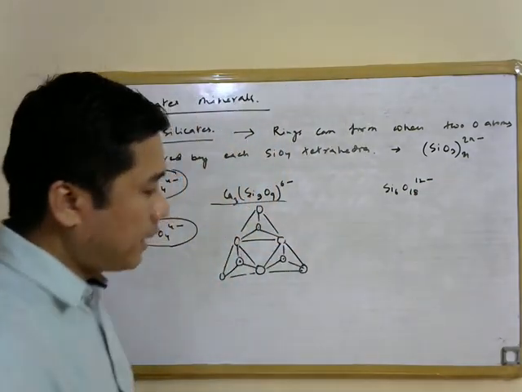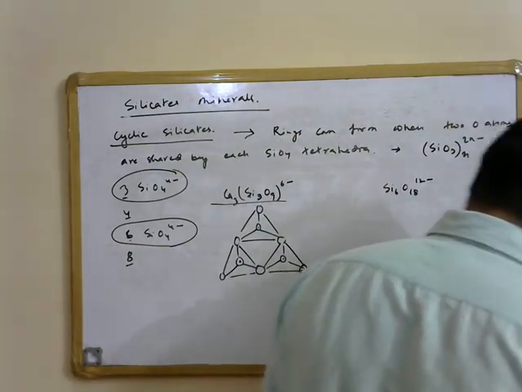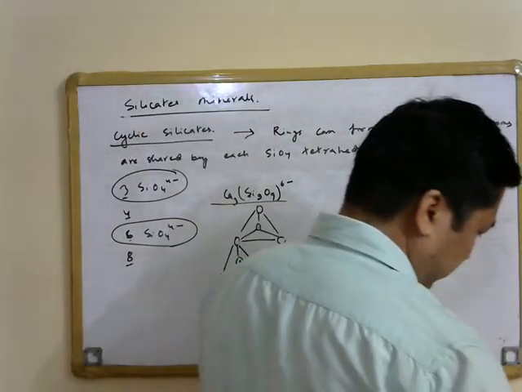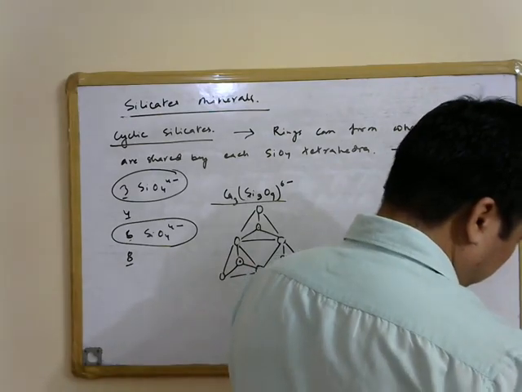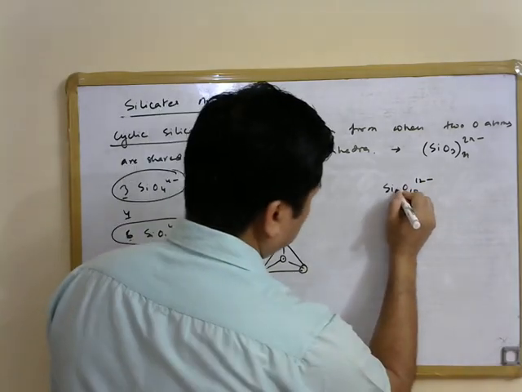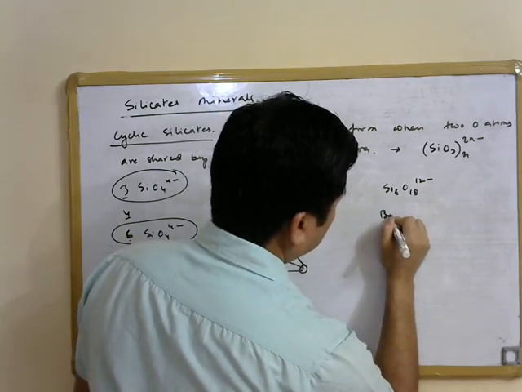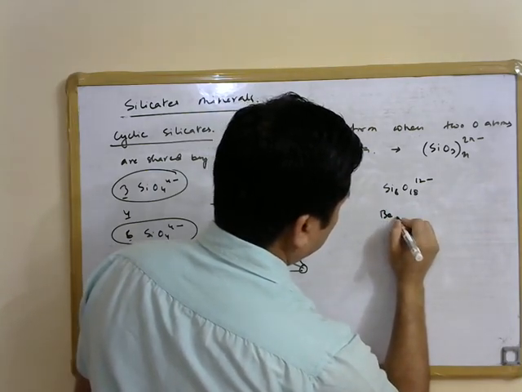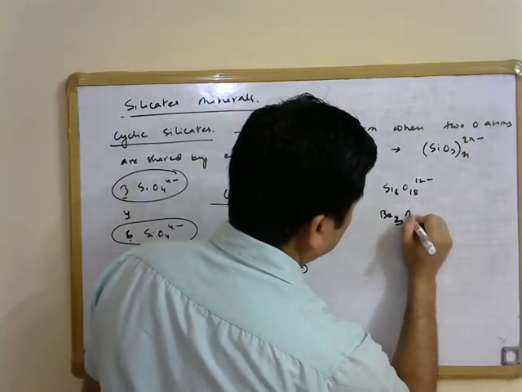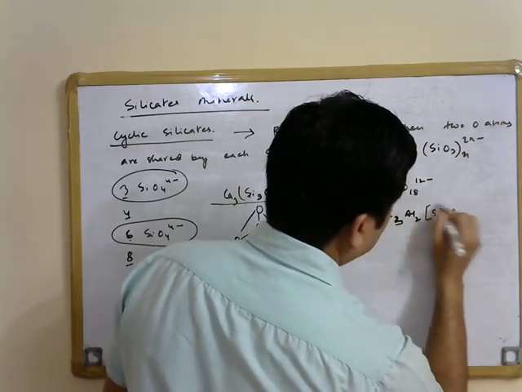This is going to be the formula, and an example of such cyclic silicates is beryllium 3 Al2 Si6O18.